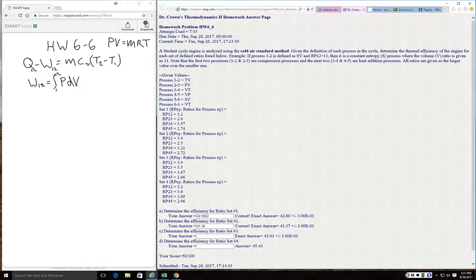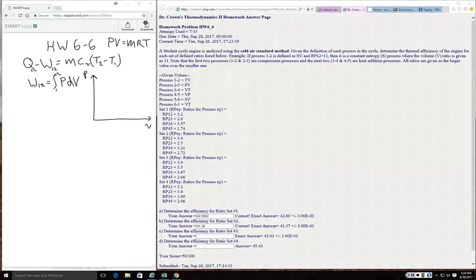I'm going to get my sheet where I've kind of worked it out on paper. Okay, so if you look on the problem, it says the first process is TV. So I'm going to do a little PV diagram.